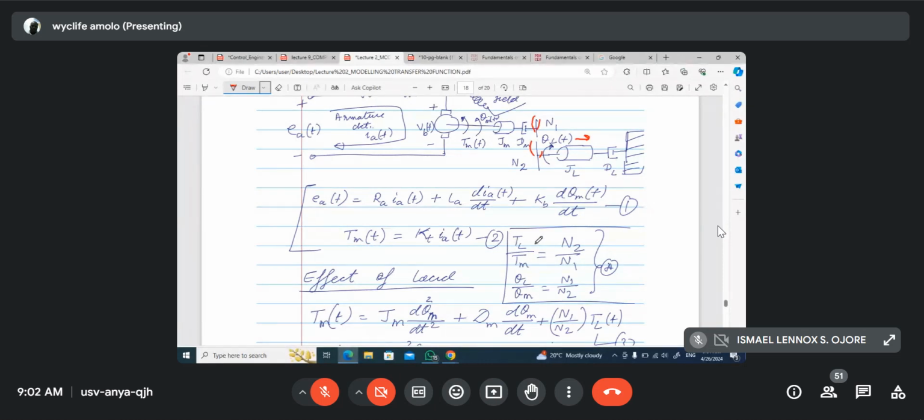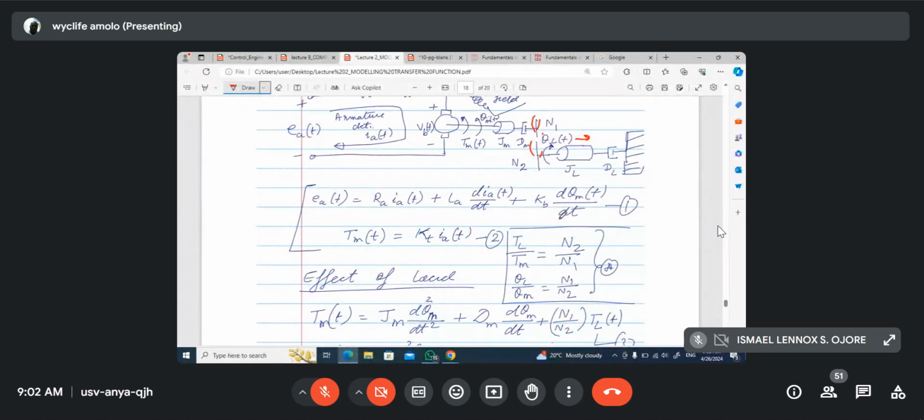Then the T load and the T, this arrangement here, N1 over N2 over N1, will be the TL over Tm: the torque due to load and torque due to the machine.